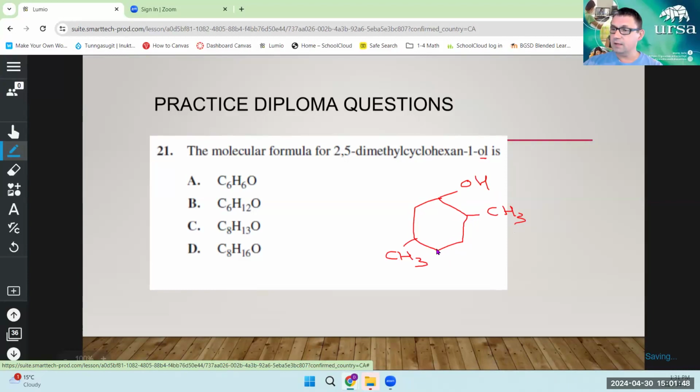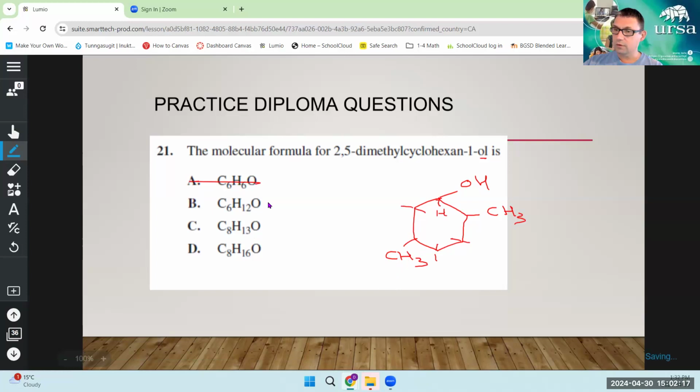Of course, each of these carbons, except this one, would have a single H. So carbon with an H, CH2, CH2, again, all will have 4 total bonds. So how many carbons do we have? We have 6, 7, 8 carbons, 8 of them. 2 side chains, so we know that it can't be this one or this one. How many hydrogens do we have?